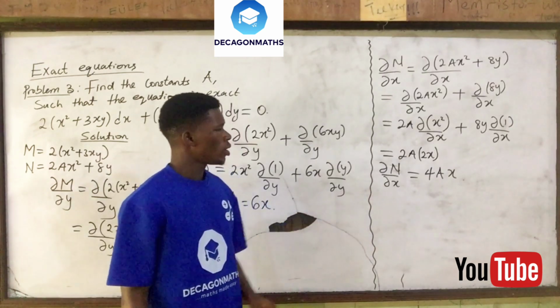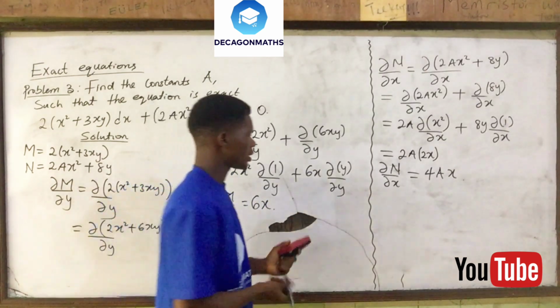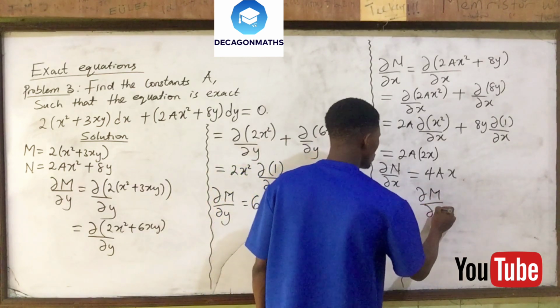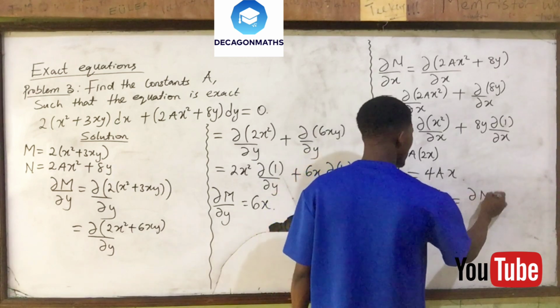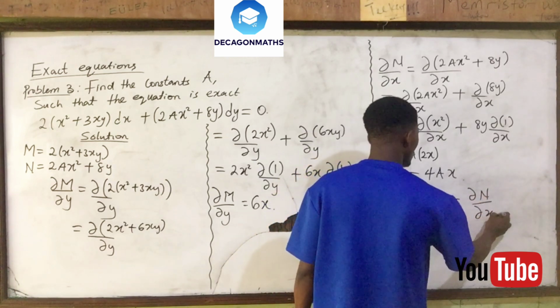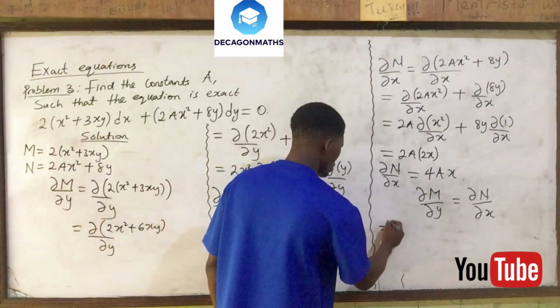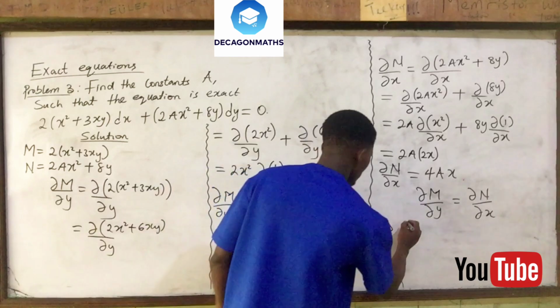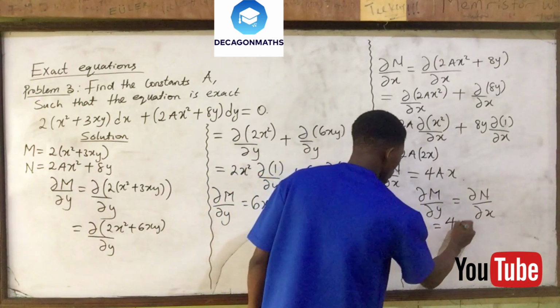Now, we have found the partial derivative of M with respect to y and also N with respect to x. The condition for exactness is that the partial derivative of M with respect to y is equal to the partial derivative of N with respect to x. So this implies that 6x is equal to 4ax.